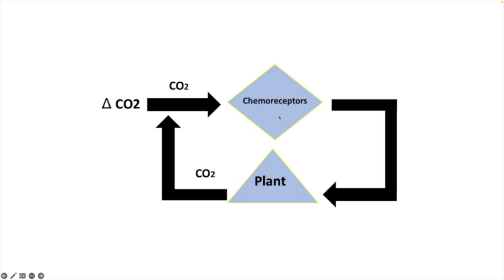We have central and peripheral chemoreceptors that are able to detect these changes in the carbon dioxide levels. The plant is our ventilatory efficiency, and it's basically how good our pulmonary system is at increasing or decreasing the carbon dioxide level. A final component is the circulatory delay, which could be the delay of the carbon dioxide level that the lungs produced reaching the chemoreceptors.